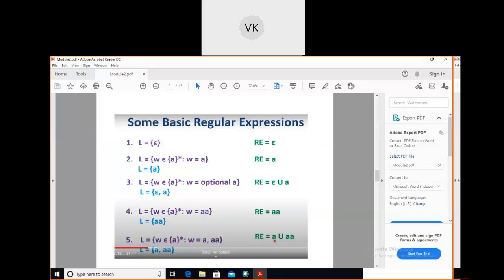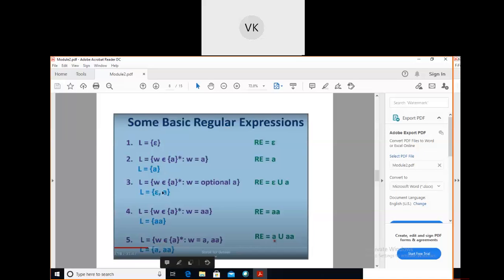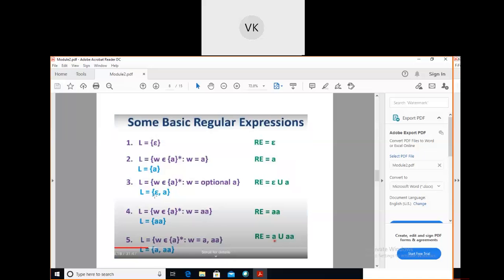Optional means it may be there or it may not be there. If it is not there, the string is epsilon, the null string; if it is there, the string is a. So the possible strings for this language are epsilon and a.